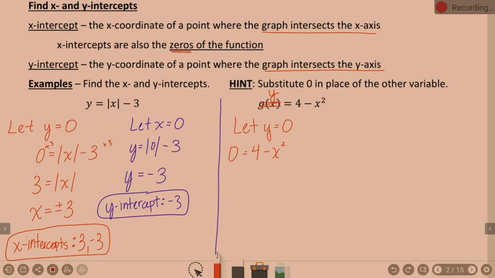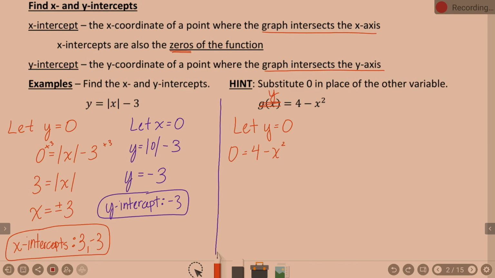Or how can I make it so x squared isn't negative anymore? How can I move the x squared over here? Add x squared. Yeah, could we add the x squared over? Do we like to work with negatives? No. So my thought is let's just get rid of the negative while we can.